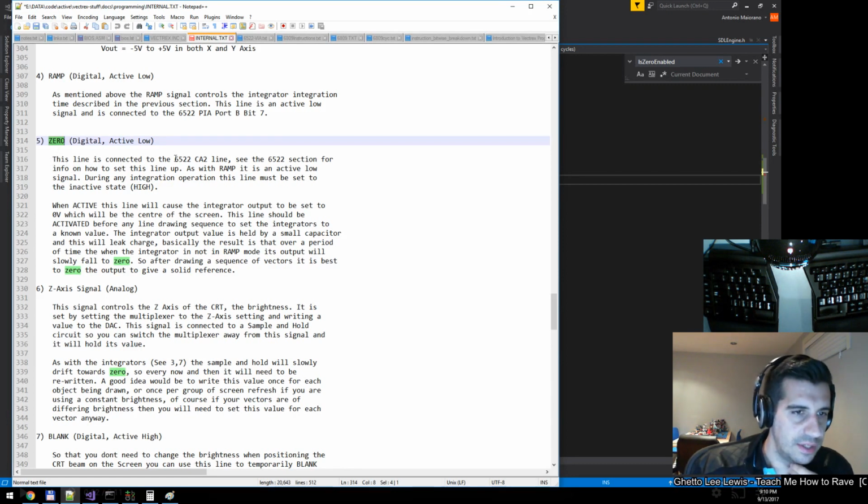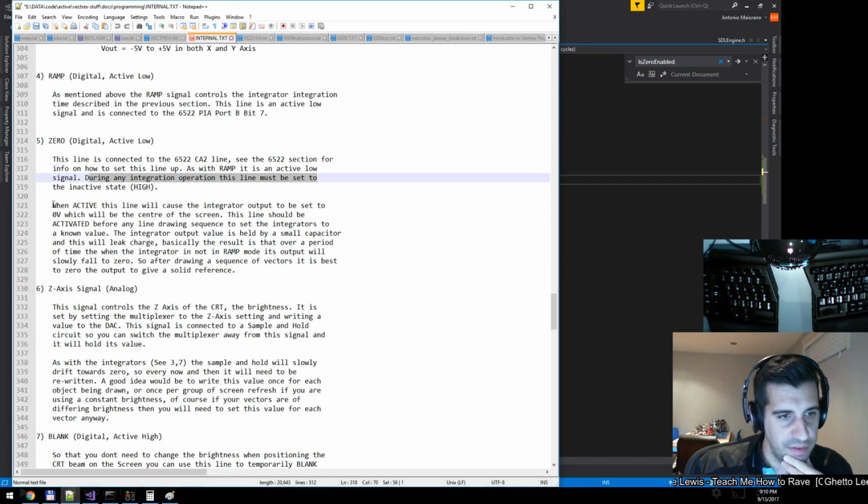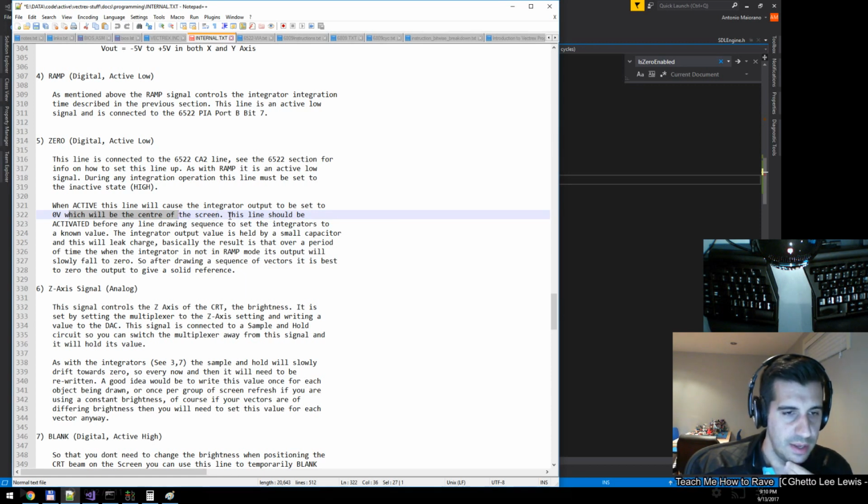This line is connected to the 6522 CA2 line. As with ramp, it is an active low signal. During any integration operation, this line must be set to inactive. When active, this line will cause the integrator output to be set to 0 volts, which will be the center of the screen. This line should be activated before any line drawing sequence to set the integrator to a known value.